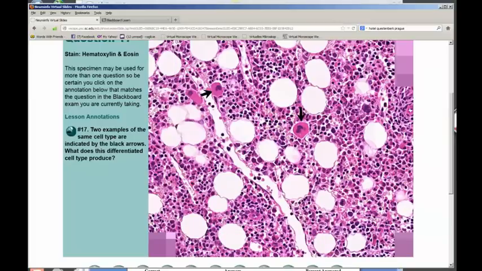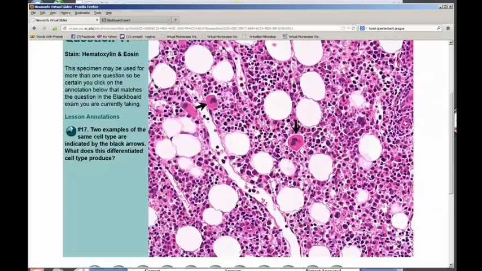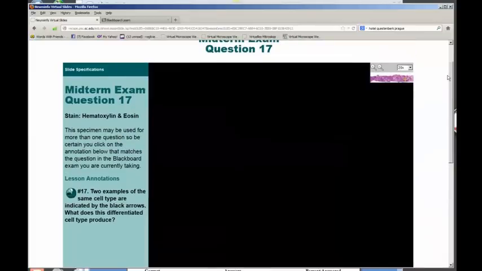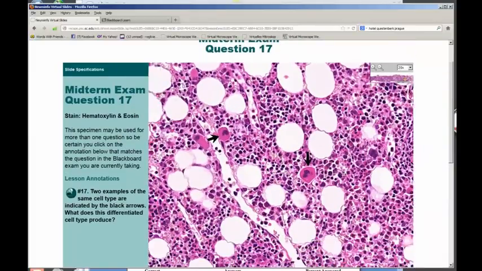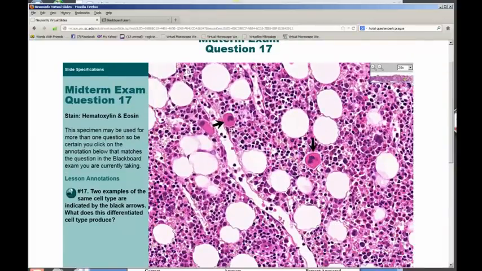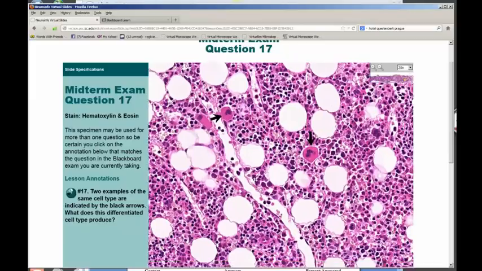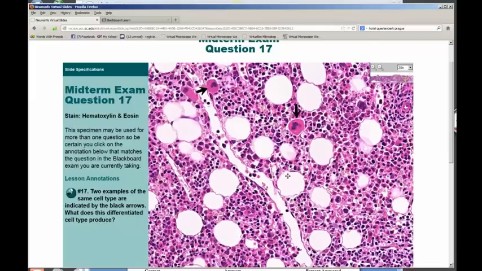With the adipocytes here, these large round spaces, and the multiple stages of cells being formed here, and then the very large and eosinophilic cell with a single but extremely large nucleus should immediately remind you of a megakaryocyte, and a megakaryocyte produces platelets. I think we accepted platelets singular and platelets plural.